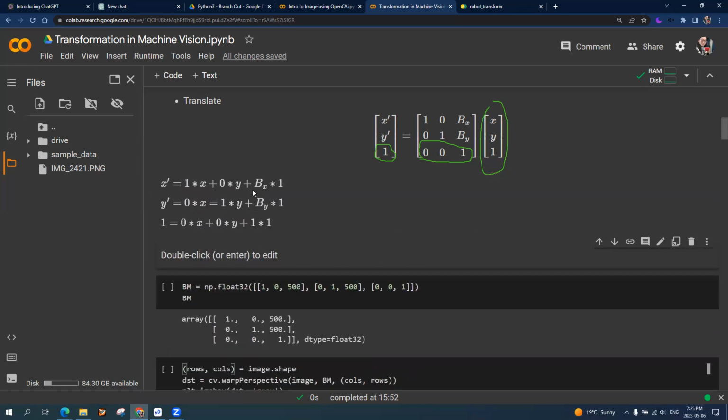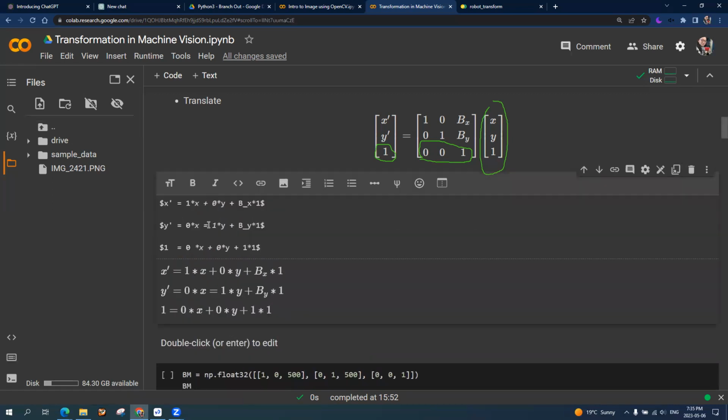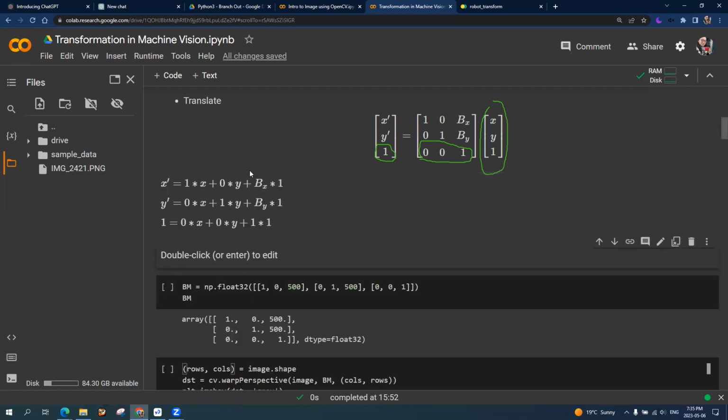All right. Oops. As you can see, this is really just a compact way of writing 3 equations together, right?